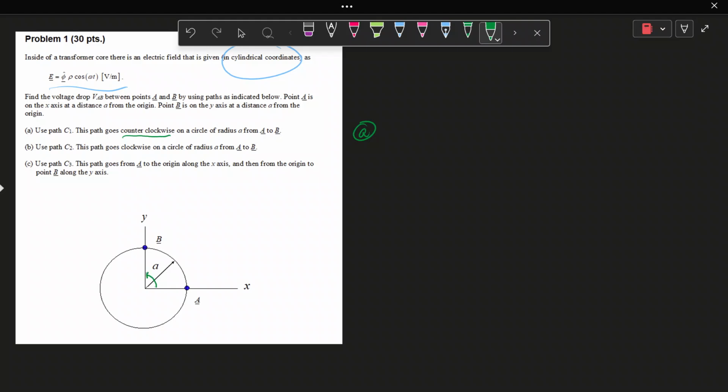And now, how do we get voltage drop from electric field? Well, V is going to be equal to the integral of E dotted with dr. Now, in cylindrical coordinates, using, again, note 6, dr is going to be equal to what? dr is going to be equal to rho hat d rho plus phi hat, which is what we have, rho d phi plus z hat dz.